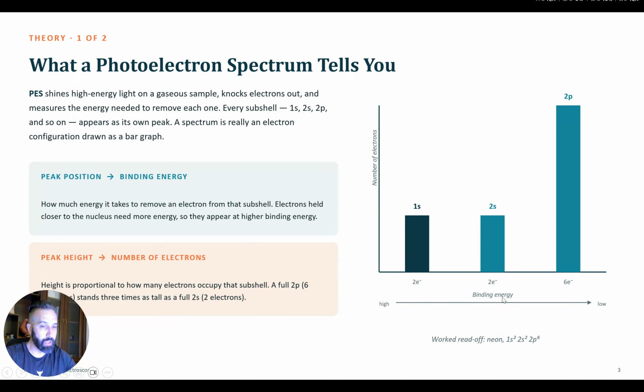The electrons in the 1s sublevel are closer to the nucleus, so they're more attracted by the pluses. So they're more bound to the nucleus, and their binding energy is higher. And as you go to 2s, the binding energy gets lower. It's kind of counterintuitive: as you go right, the binding energy gets lower, not higher.